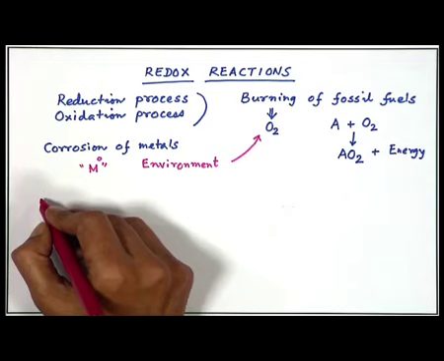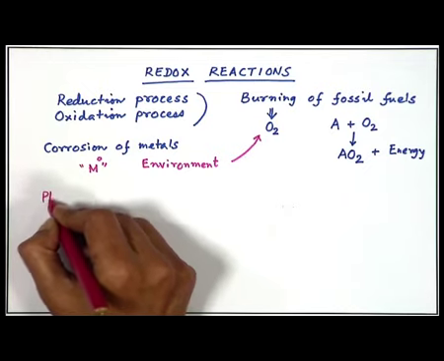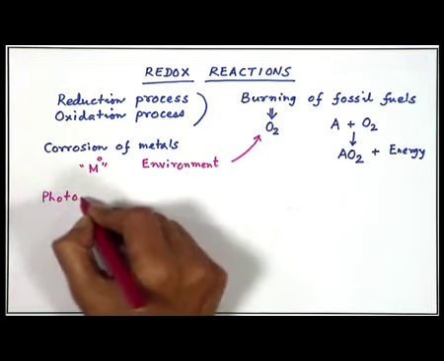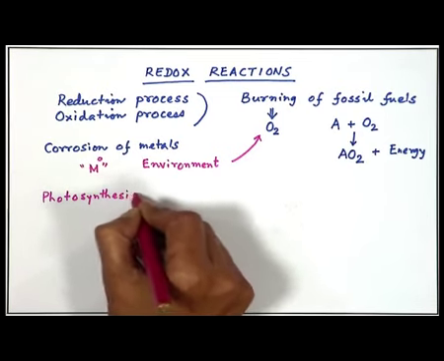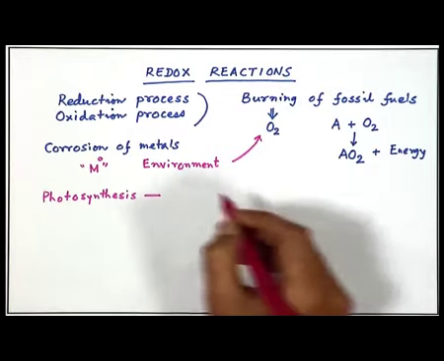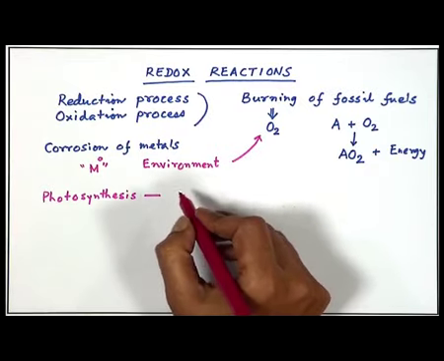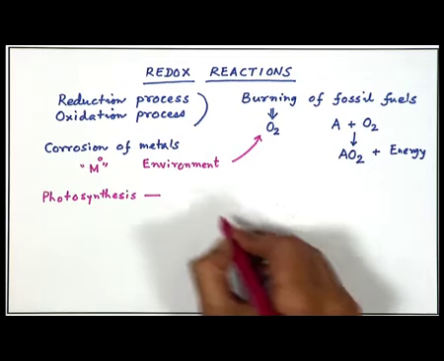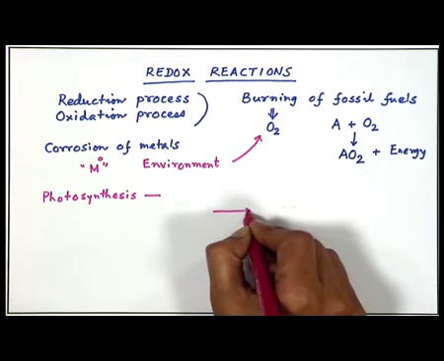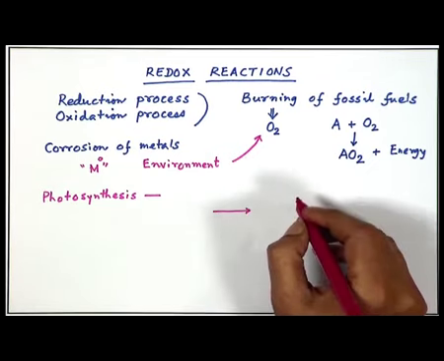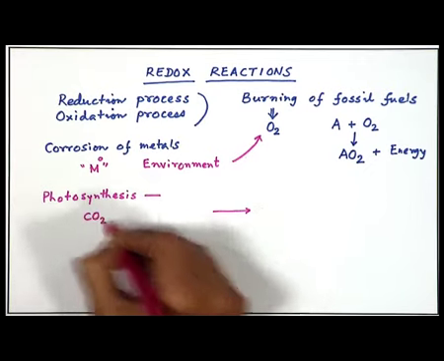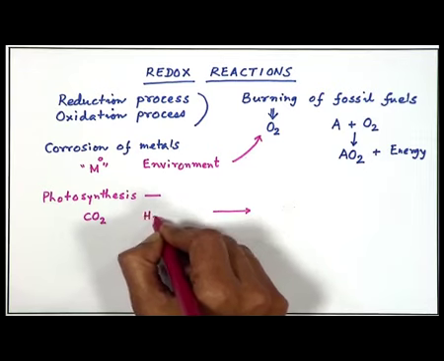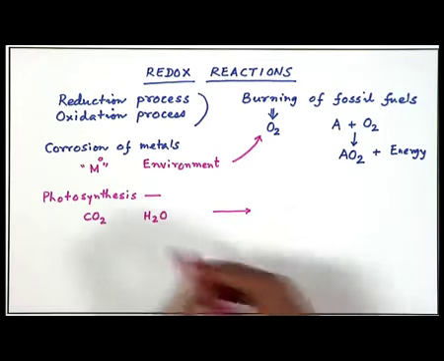From very early days, photosynthesis is another example we know. From our early school days, we know it is a typical process where plants synthesize something for us involving carbon dioxide and water molecules.